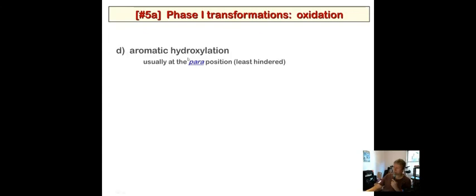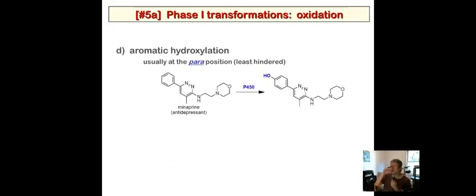Aromatic hydroxylation is usually at the para position. So this is another oxidative reaction, but of benzenes, usually at the para position, the least hindered site. So minoprene is an antidepressant, and hydroxylation occurs at the para position. And this is a pretty simple example of P450 oxidation.